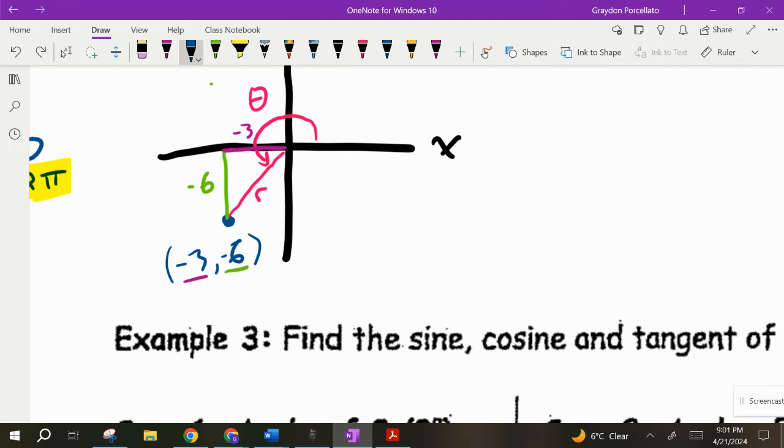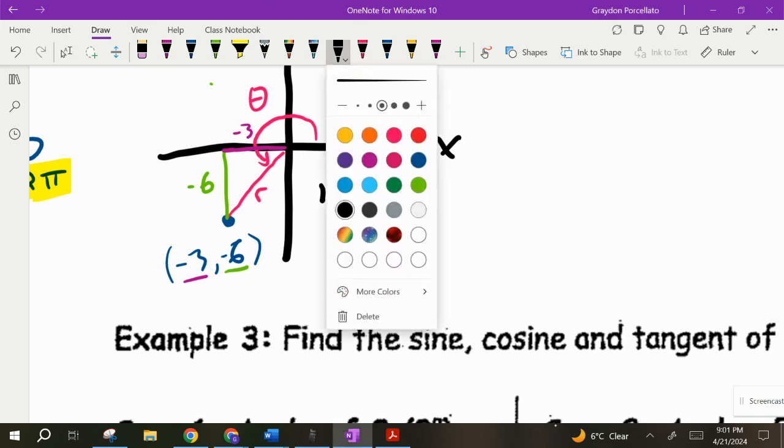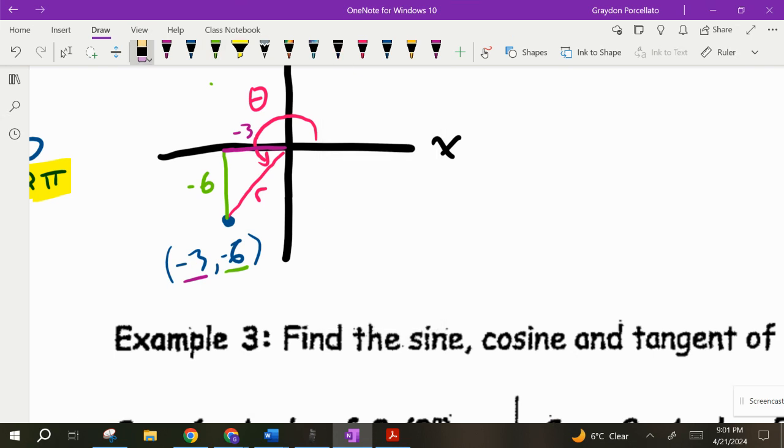In order to do that, I'm going to draw this, r squared. This is just the Pythagorean theorem. So r squared is equal to -3 squared plus -6 squared. That's equal to 9 plus 36.